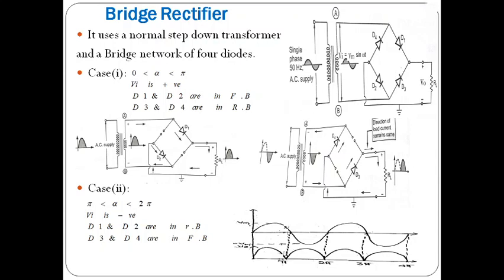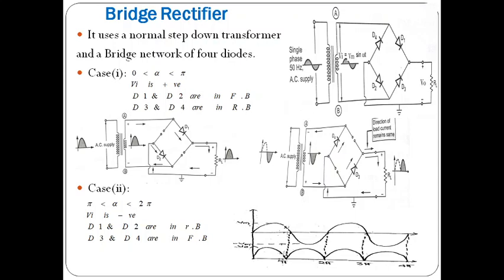So when you apply positive voltage, that means the positive half cycle, diodes D1 and D2 are both forward biased, and D3 and D4 are reverse biased. So D1 and D2 are in conduction, and D3 and D4 are reverse biased, open circuited. You can observe the equivalent diagram in this slide. Whenever you apply the positive half cycle, diodes D1 and D2 are short circuited.